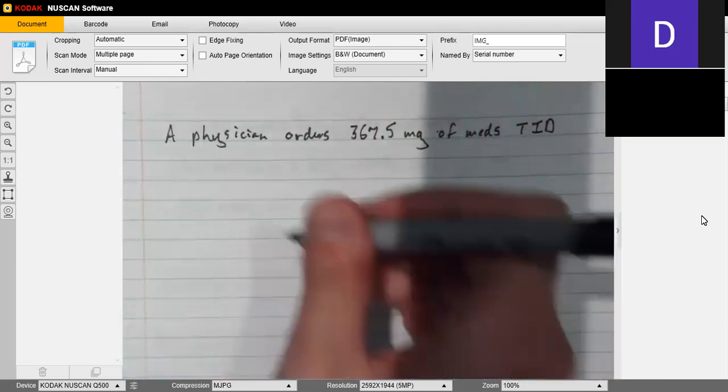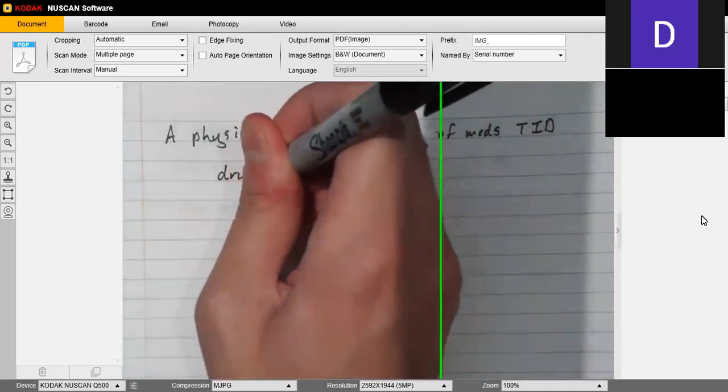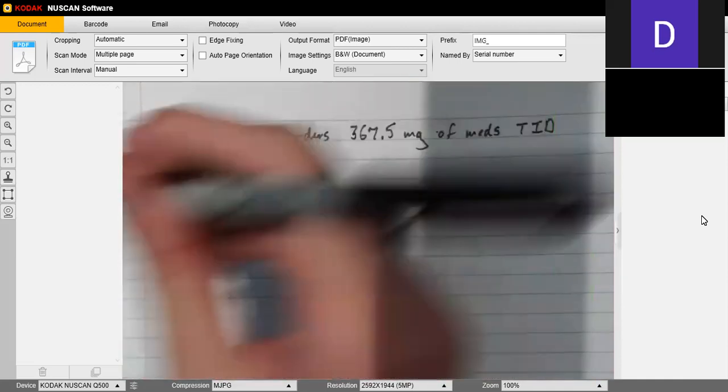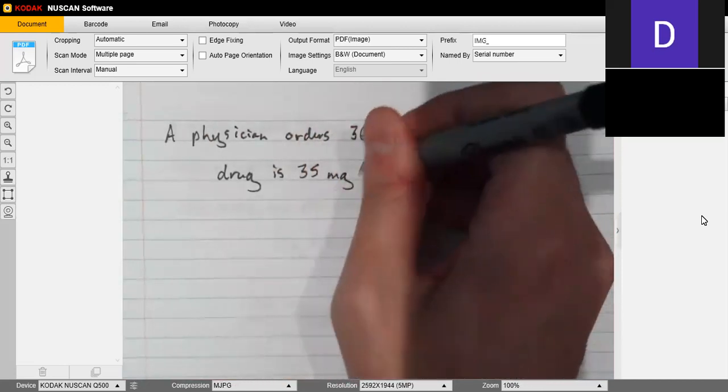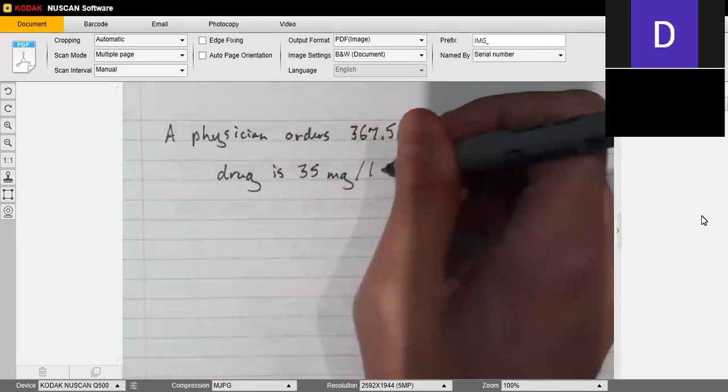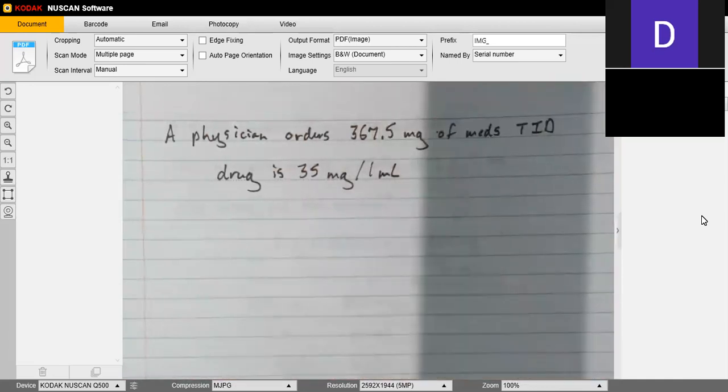The drug itself is available in 35 milligrams per 1 milliliter. So what is the total of milliliters?